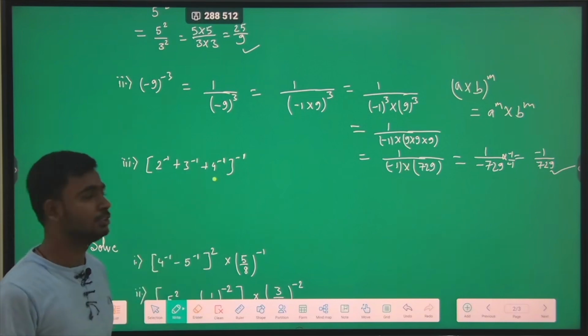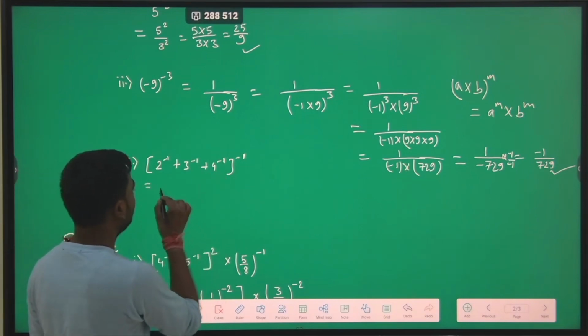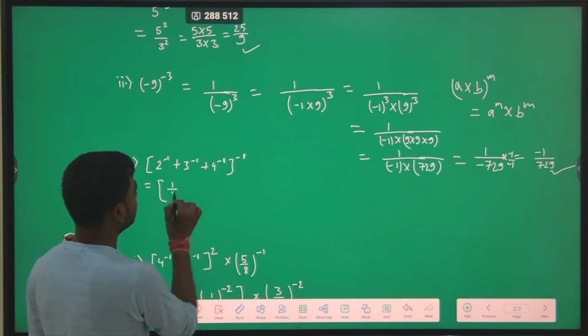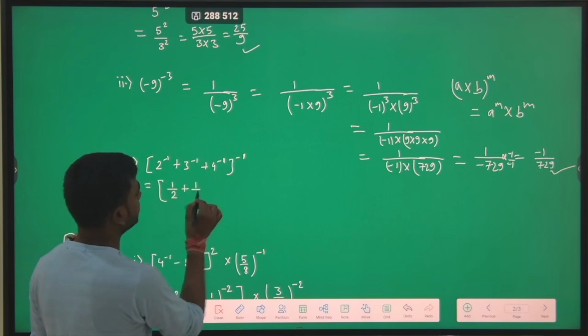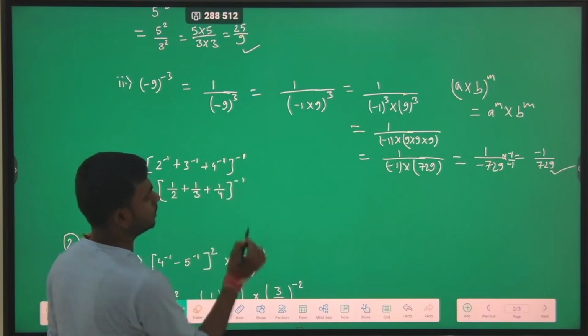This is our third question. So, what we are going to do, we will write 2 inverse as 1 upon 2, 3 inverse as 1 upon 3, 4 inverse as 1 upon 4.